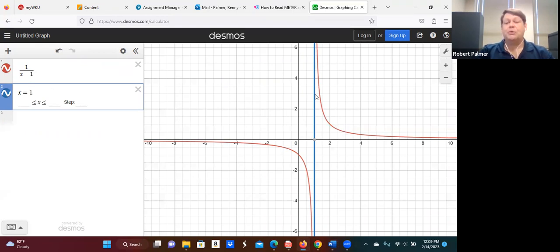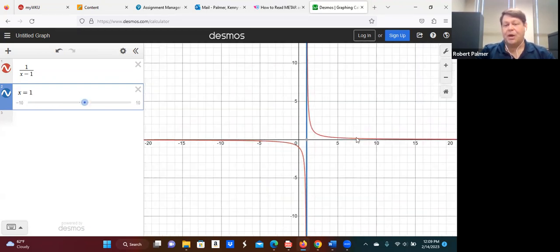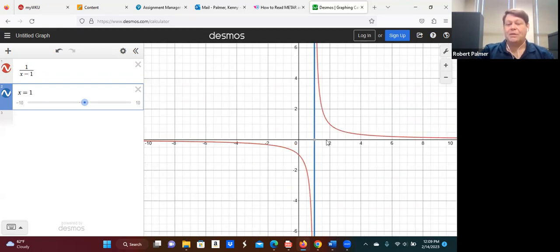What will happen is we'll approach it either from above or below and go toward infinity. Which direction it goes just depends on the particular function. Basically, we get as close as possible to the vertical asymptote. If we zoom out, we can see that it's getting as close as possible without ever actually touching it, because we said our domain of this function is all real numbers except 1. So it gets as close to 1 as possible without ever actually touching it, and then it goes to either negative infinity or infinity close to the vertical asymptote.